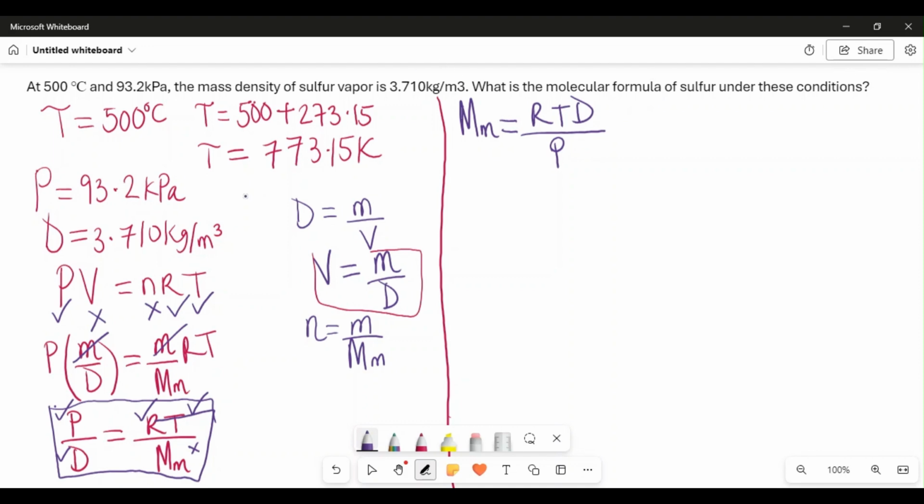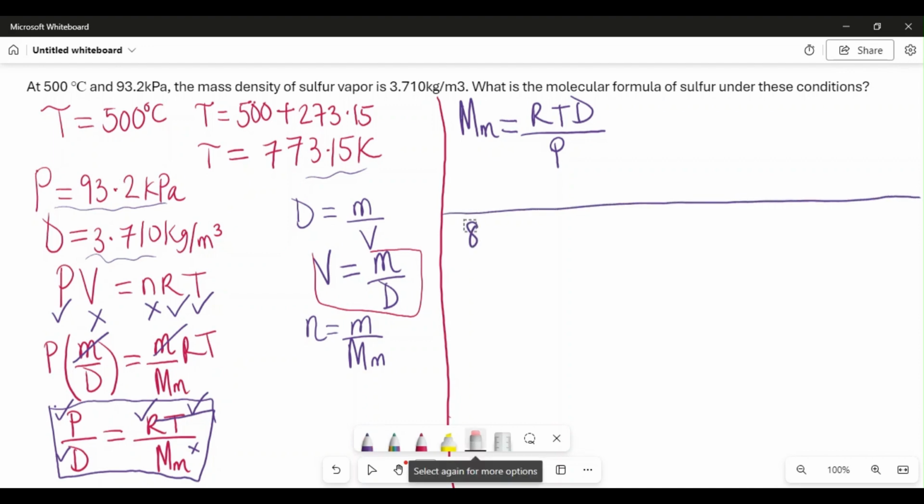And we're going to now input the parameters for pressure, for density, for temperature, as well as the gas constant that works well for this question. But before we go on to do that, we have to break the information down. You see that the density is 3.710 kilogram per meter cubed. We see that it is in kilogram.